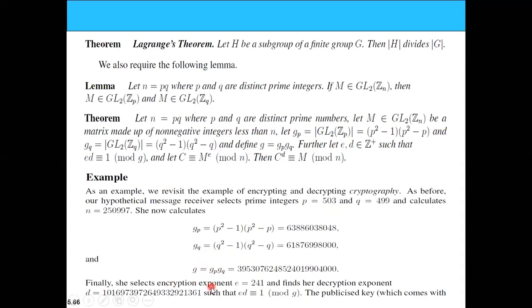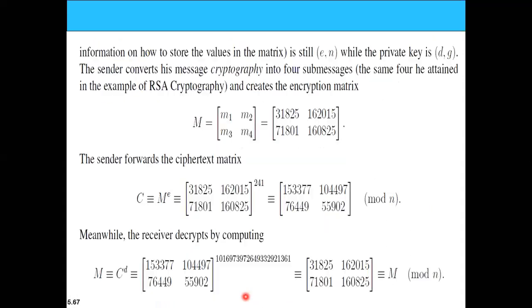Finally, we select the exponent E, which is 241, and find the decryption exponent D corresponding to this E. We multiply E and D, which is congruent to 1 mod G. It means E and D are inverses of each other, and this D is basically our private key, or the decryption exponent.